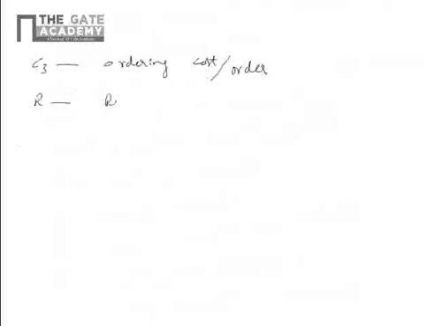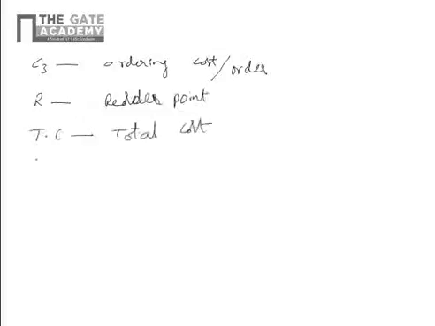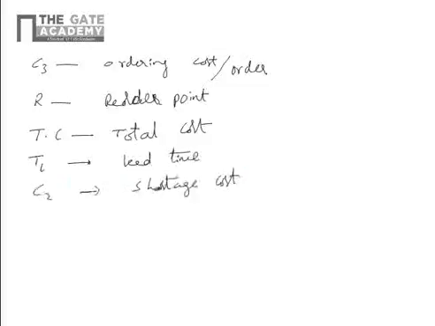R is the reorder point. TC is total cost. TL is lead time. C2 is shortage cost. So these are the variable names which we use in inventory models.